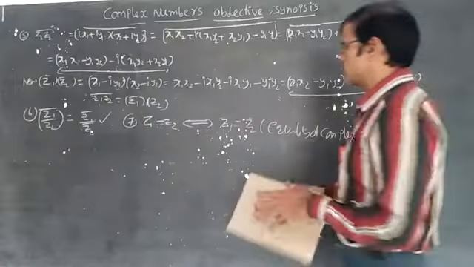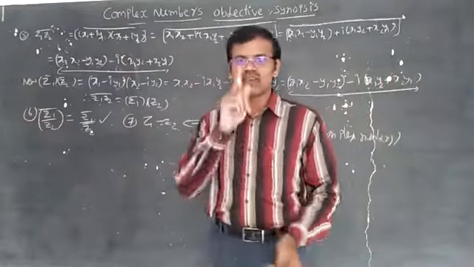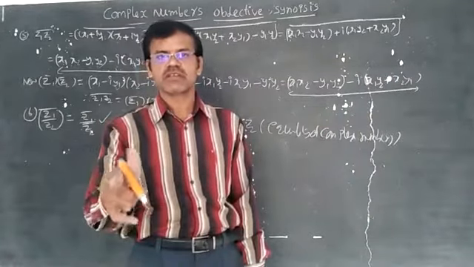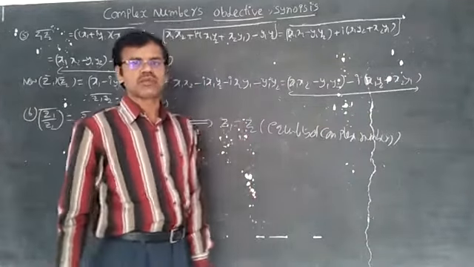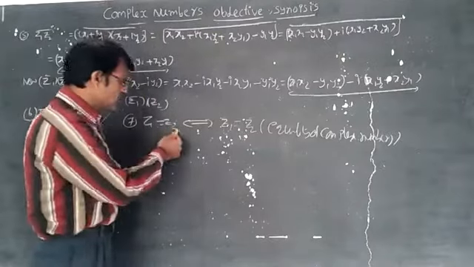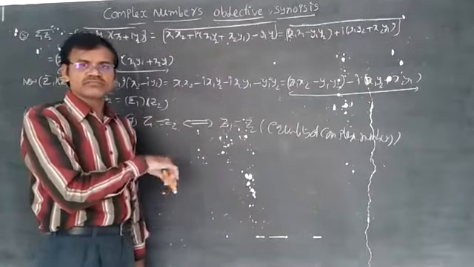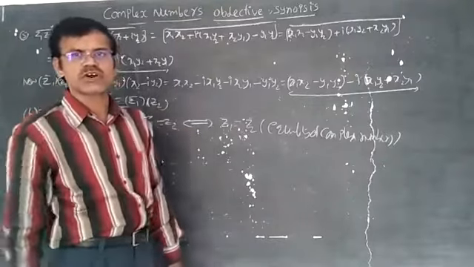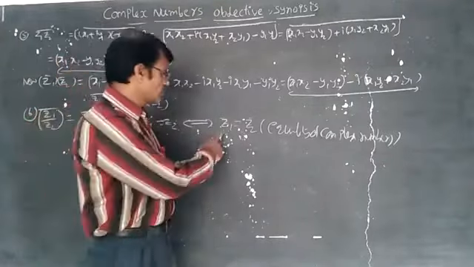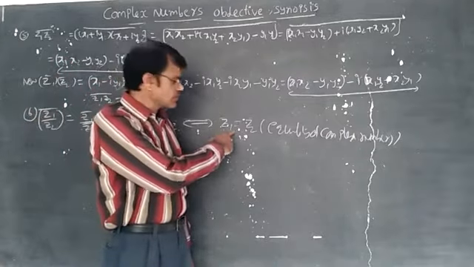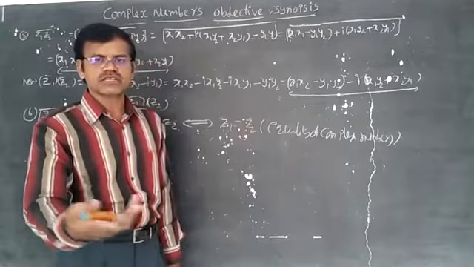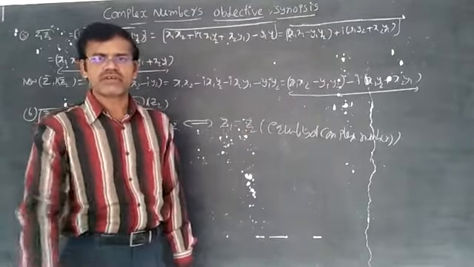So what is equality of complex numbers? Take example 1. Of course 1 is a complex number, even though it is real; we can say 1 plus i into 0 is also a complex number. So 1 plus i into 0 and 1 minus i into 0 are both complex numbers. Then 1 minus i into 0 is equal to 1 plus i into 0, since there is no value for the coefficient of iota.